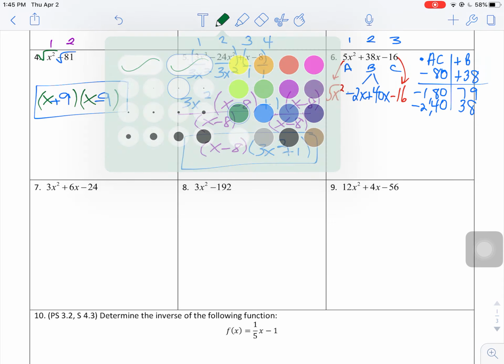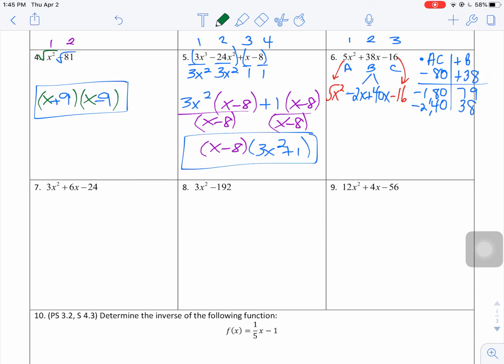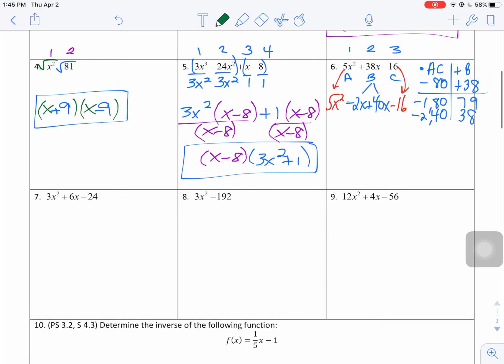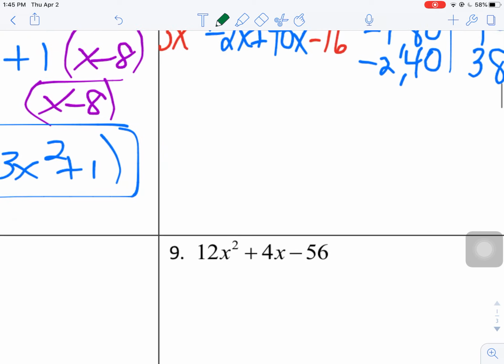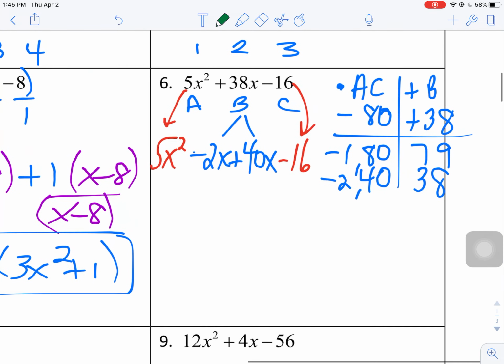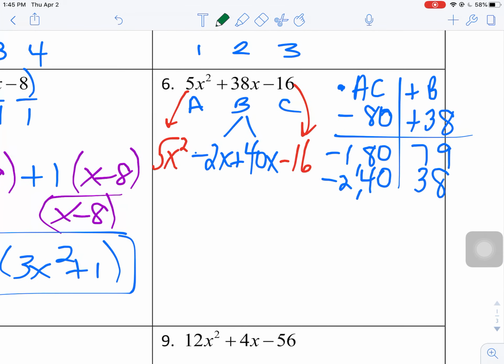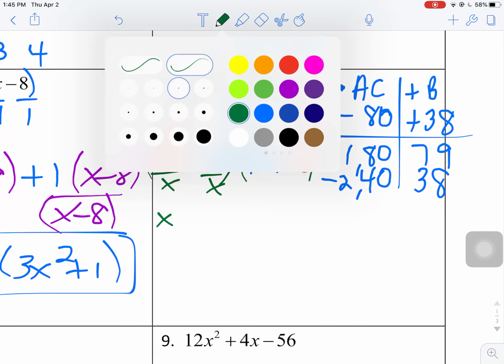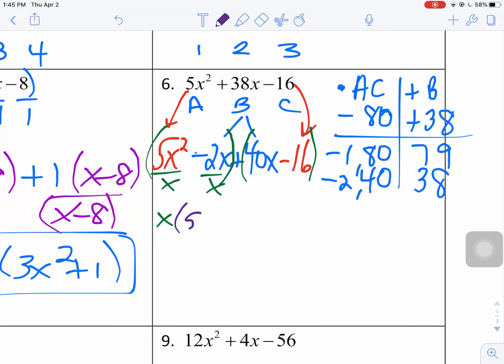Now we're going to want to do factor by grouping, just like we did in number 5. Let me zoom in a little bit here to make it easier for all of us. So I'm going to group the first two terms, group the second two terms. So my GCF is x. So take the x out. Leftovers would be 5x minus 2.